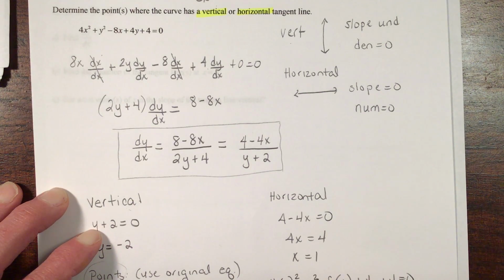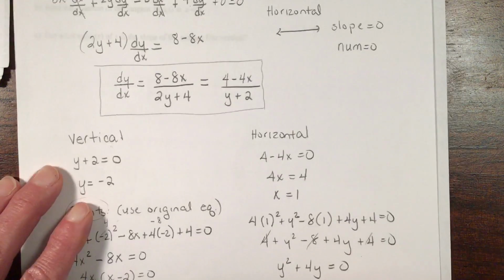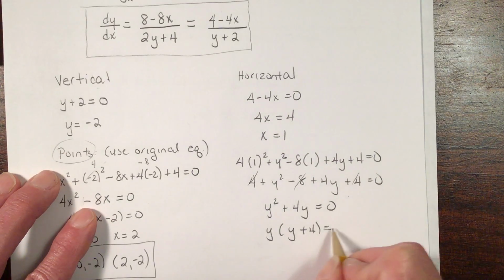I'm going to work a little slower this time, hopefully not make as many mistakes. My 4, so all of the numbers cancel. y squared plus 4y equals 0. y plus 4 equals, oops, sorry guys, 0.